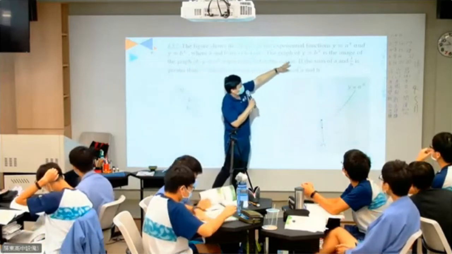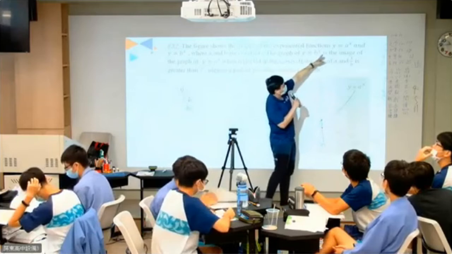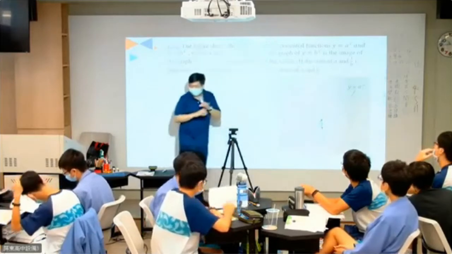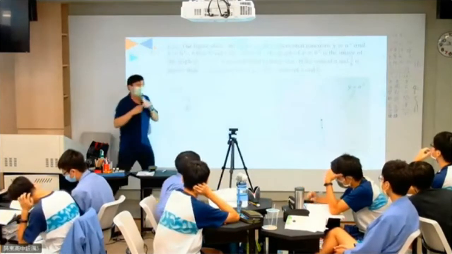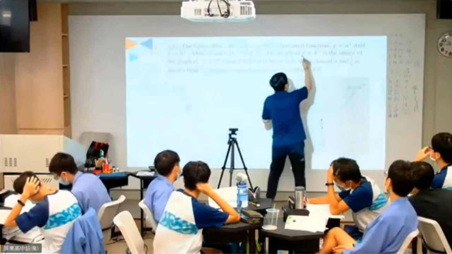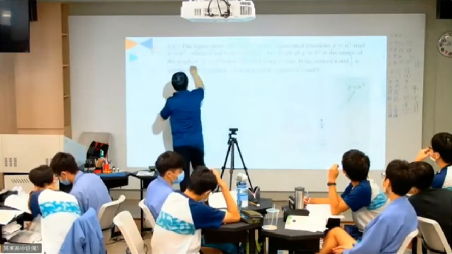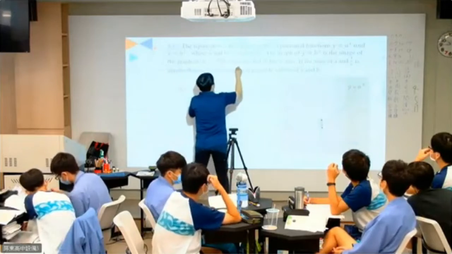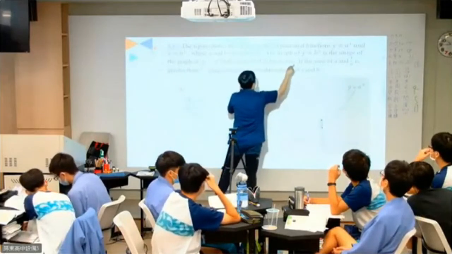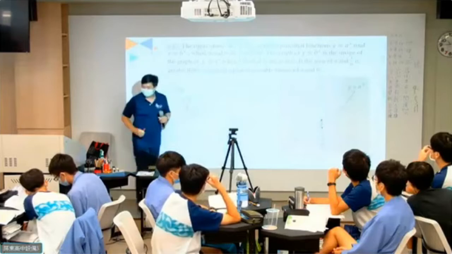The graph of y is equal to b to the power of x is the image, okay, the key point is here, of the graph of y is equal to a to the power of x when reflected in the y-axis. What does it mean?